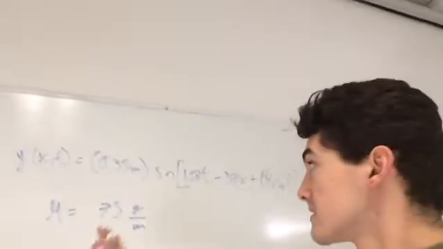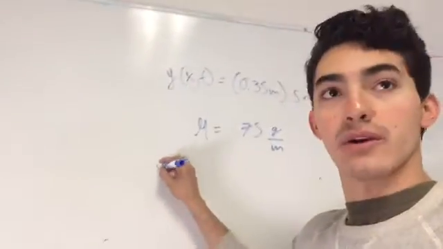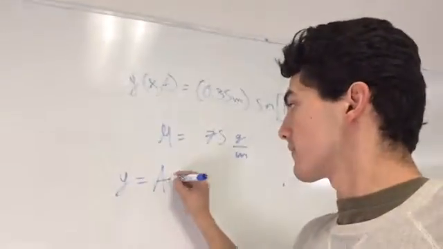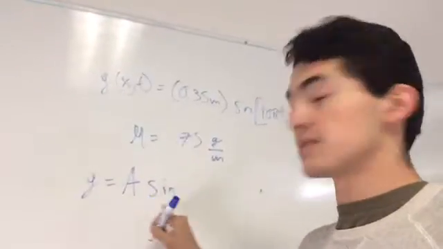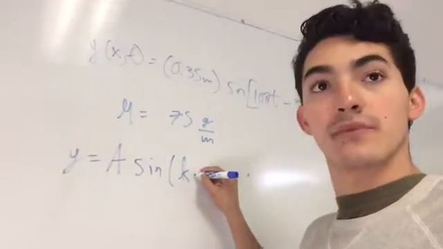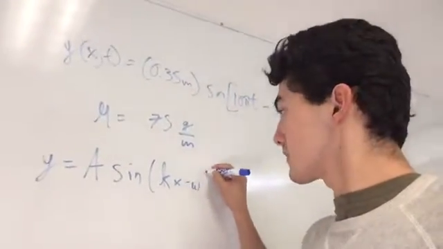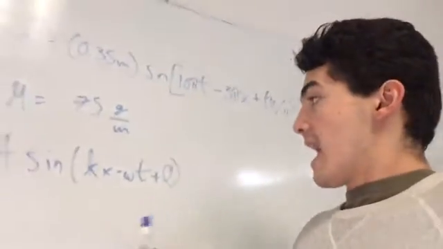Now we know these facts. We have to use our equation, the amplitude times the sine function of (kx − ωt + φ).